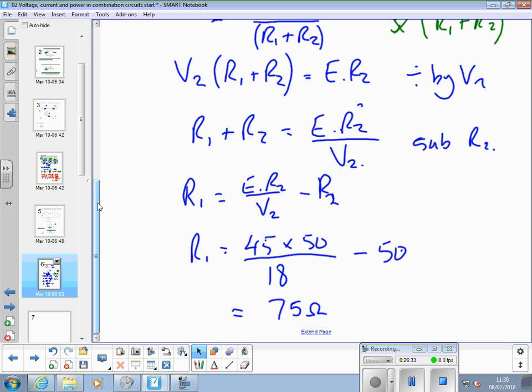That gives 75 ohms. Okay, so that's how you could possibly use the voltage divider rule to solve such a problem.